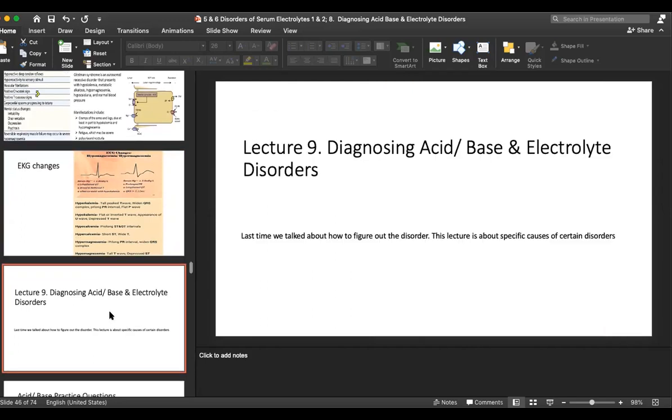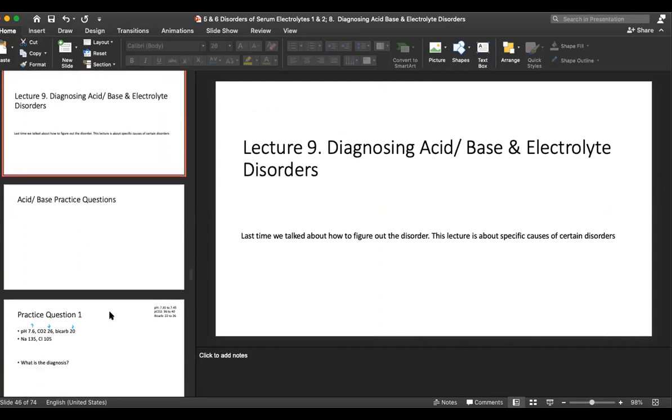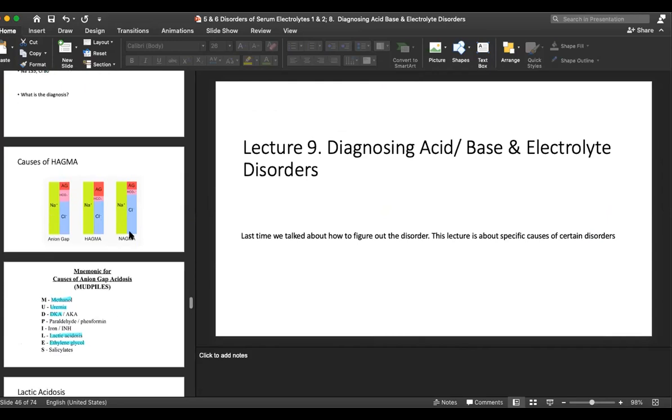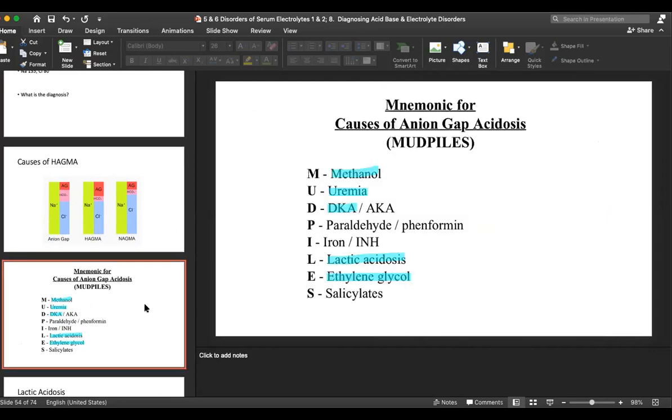Okay, lecture 9, acid-base with our electrolytes. Okay, we've got causes of HAGMA. Right here, again, our MUDPILES: methanol, uremia, DKA, lactic acidosis, ethylene glycol.